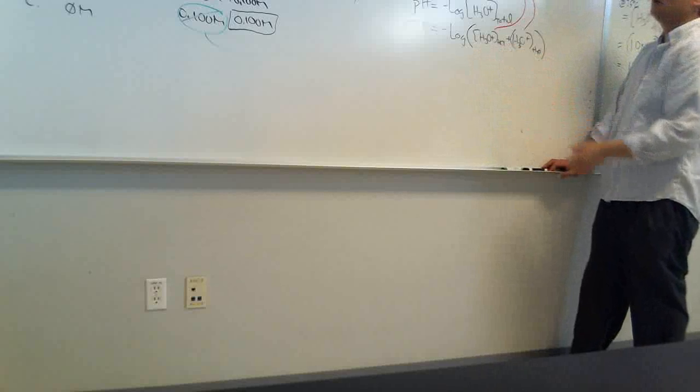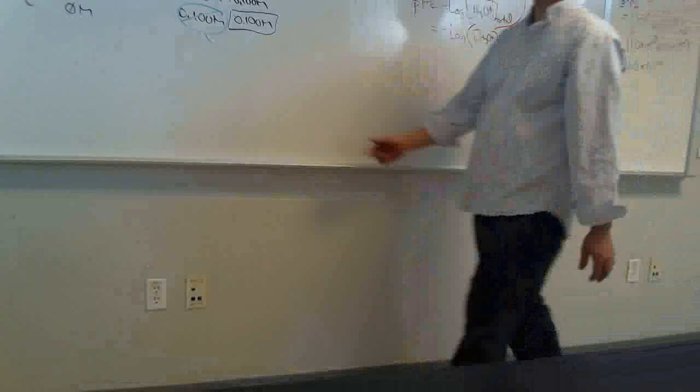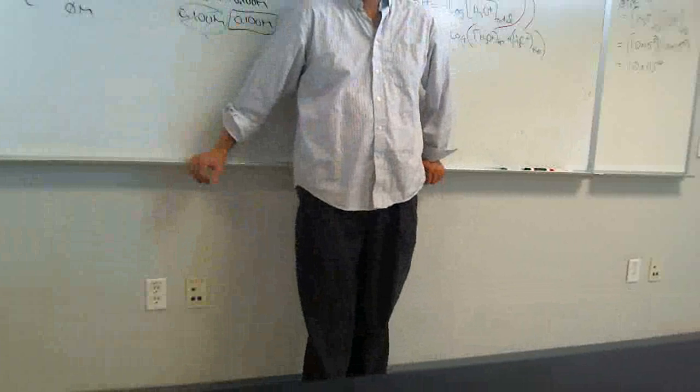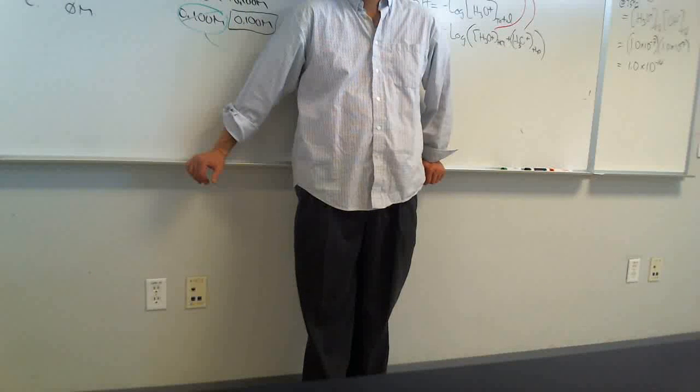And so when we calculate the pH of 0.100 molar HCl solution, we just plug in 0.100 molar as the hydronium ion concentration and don't even worry about water, right? Have you done pH calculations before or not?